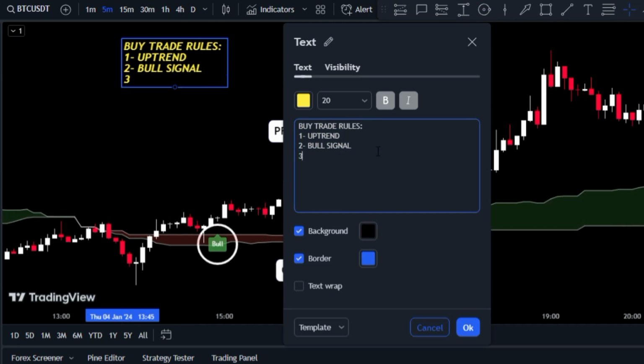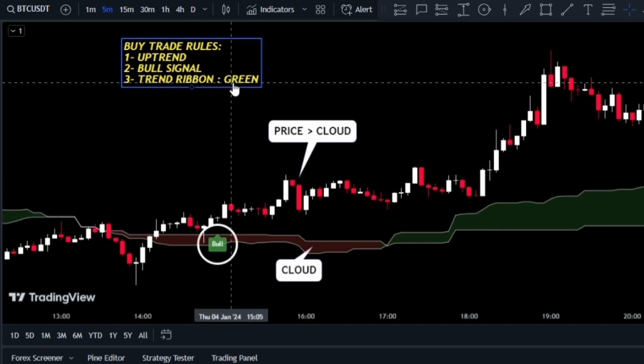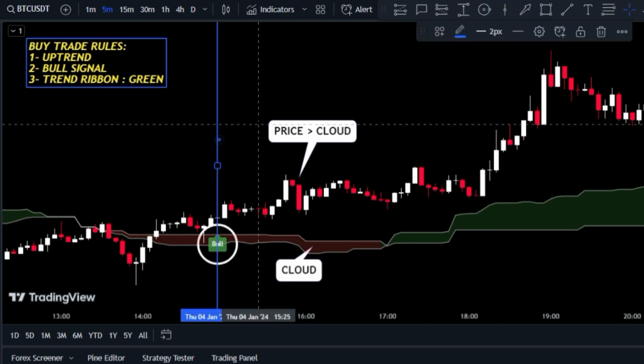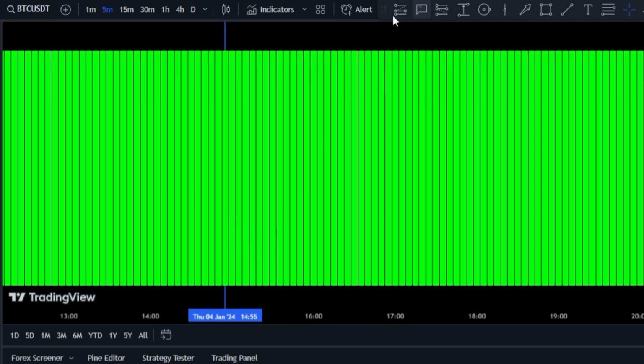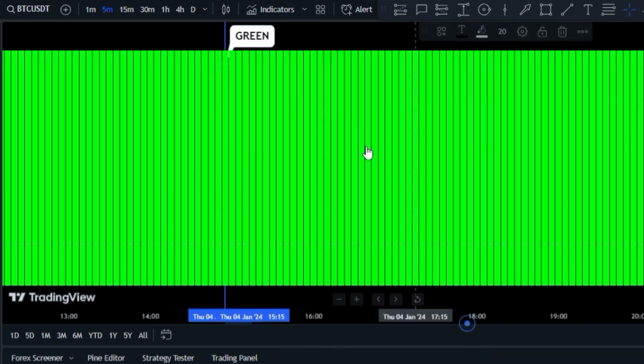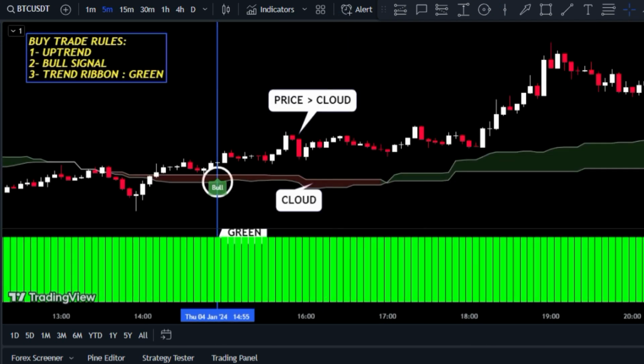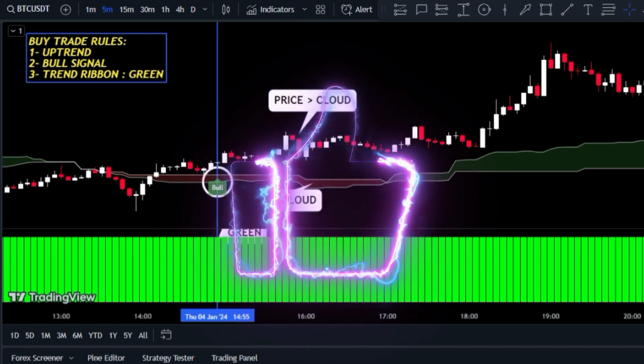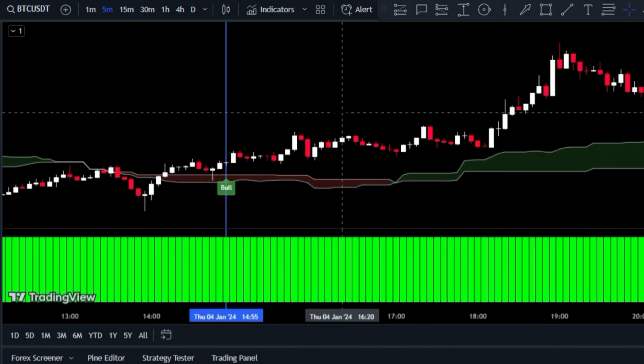Finally, check the second indicator. If it aligns with the Ichimoku Cloud, now you're ready to enter the trade.